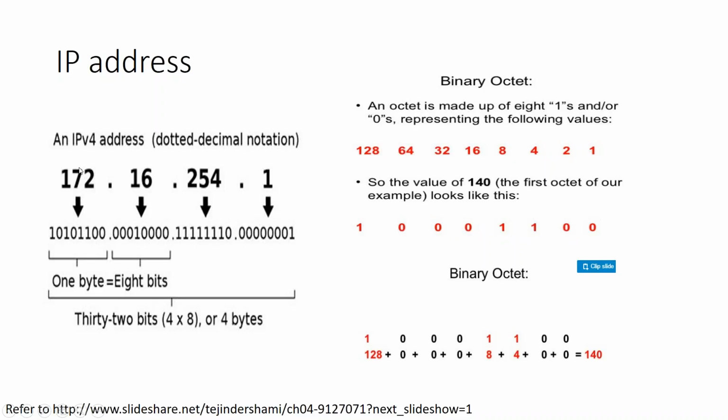This number is the binary representation of 172. Do you guys know the binary representation? This is the binary notation of an individual number. Just remember that an IP address has 4 octets, and each octet contains 8 bits.